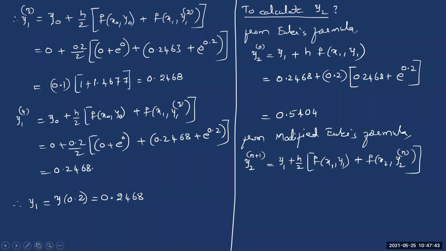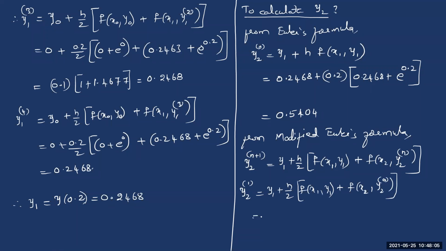Like this, we calculate the average slope. Now, y2 first approximation equals y1 plus h by 2 times f of x1 y1 plus f of x2 comma y2 initial approximation, y2 0. I'm just writing the formula again.